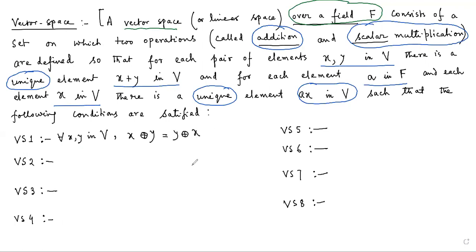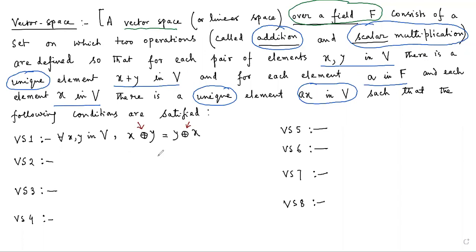This is called the commutativity property. Just look at the notation that I am using. Highlight this notation. I'm going to explain what is happening over here. So x plus y is equal to y plus x. Okay, so for all x, y in V, commutativity must be satisfied.